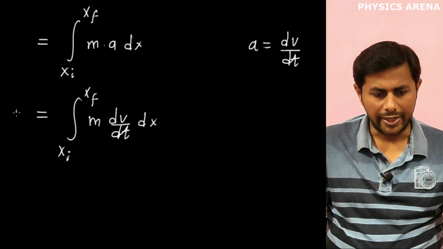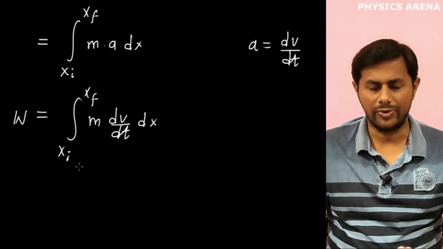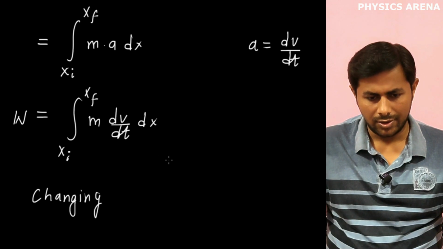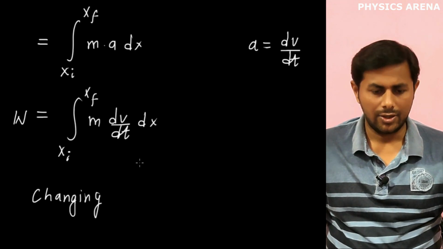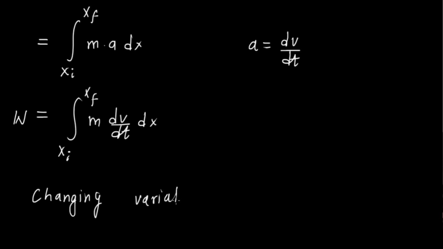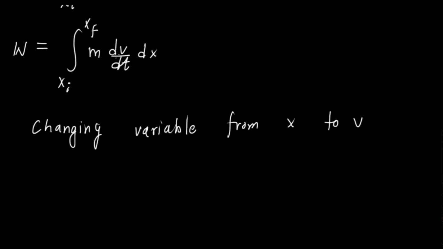Then what I am going to do next is called the change of variables. So we are going to change variable in this integral from x to v, and how are we going to achieve that? So for that I will take this dt in denominator of dx, and I will rewrite this as integral m into dv dx by dt.